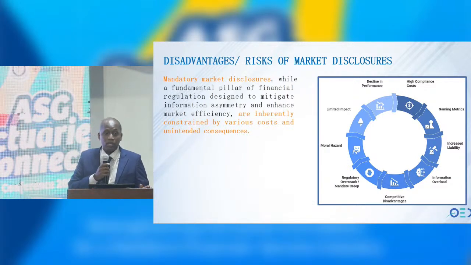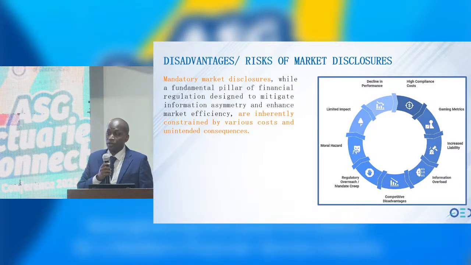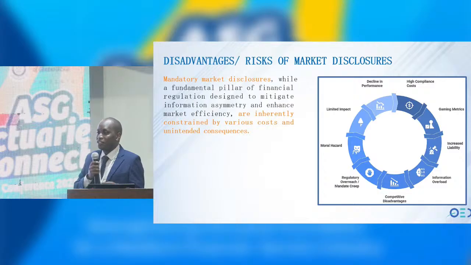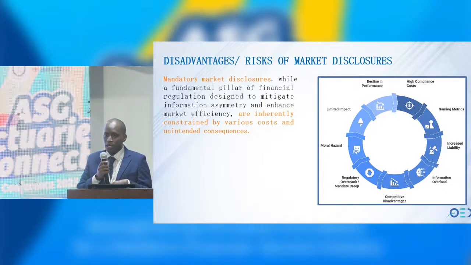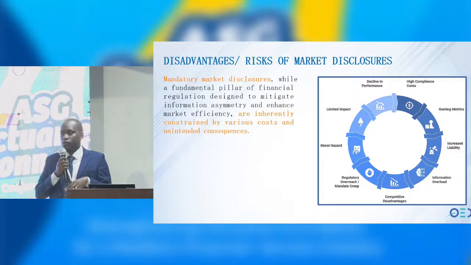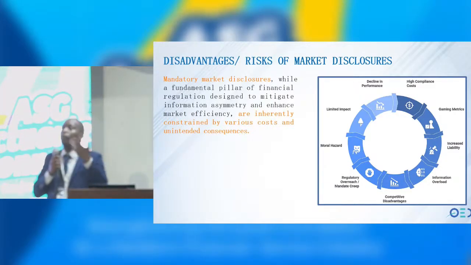We also see where there are no mandatory disclosures, where there are voluntary disclosures. People select what they want to disclose, and also how they want to disclose. So there's no standardization. For example, we could say, as an industry, it's important we disclose how quickly we pay claims.